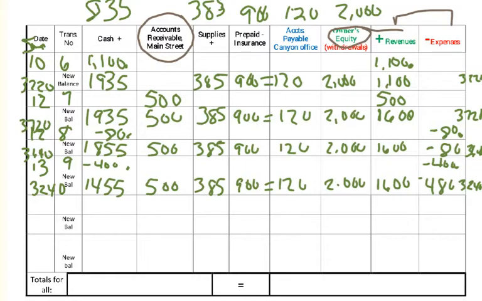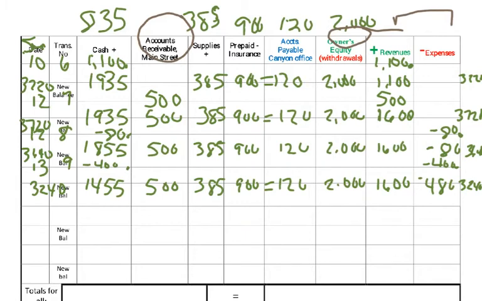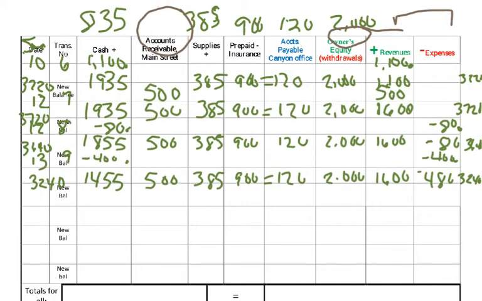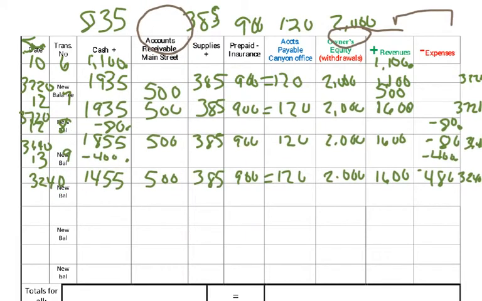Now we're looking at transaction number 10. That happened on the 16th. Read your transaction. Received cash from the on account. Where was the on account?